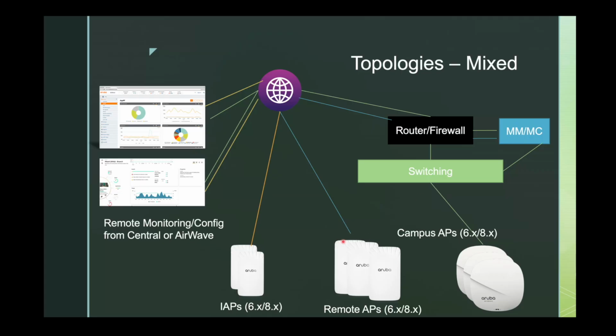Then your remote APs with this blue link will be going through the internet back to your main campus or data center, then back into that mobility controller. Then if you have some instant APs, those will be going through the internet and then to either central or AirWave. From there, you will use central or AirWave to make sure that all of the APs, be them instant or campus, are in sync and give you central monitoring.